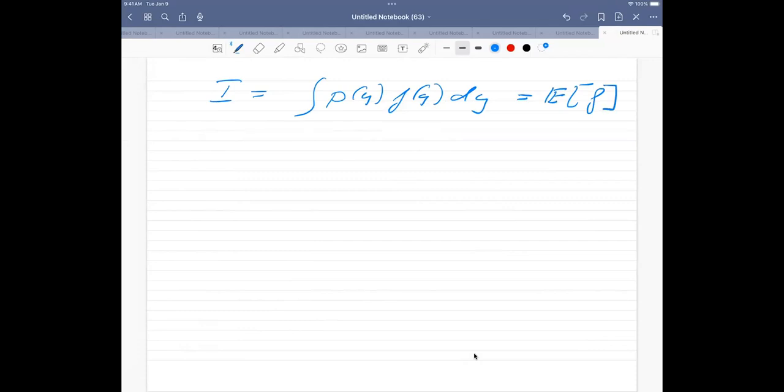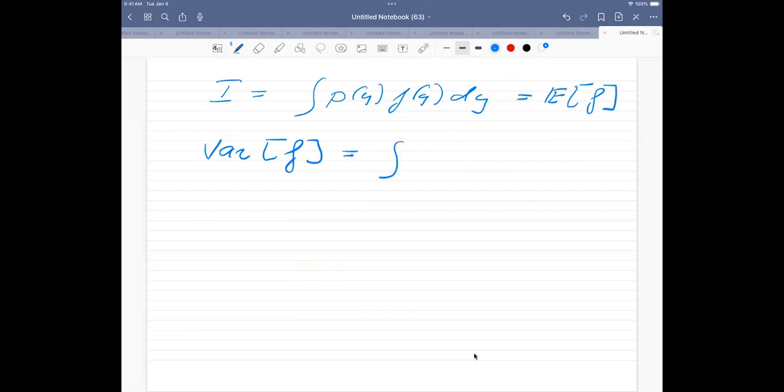Now, one thing we want to have together with the expectation value is the standard deviation. The standard deviation is given by the square root of the variance. So that means that we want the variance of this function f.